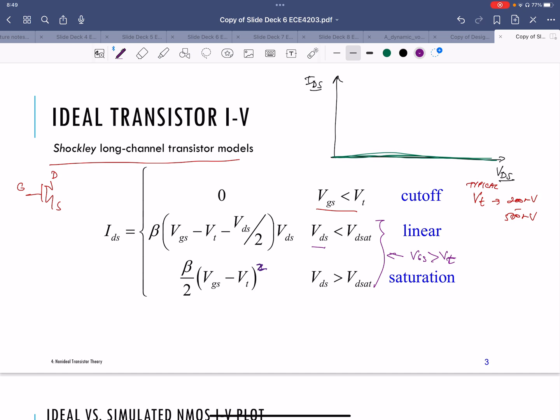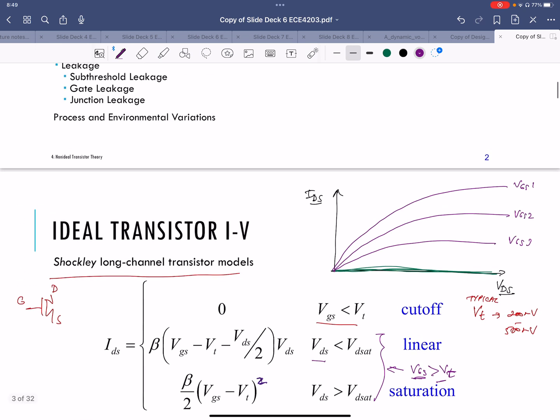Depending on the value of VGS and VT, you'll have a series of curves that look like this: VGS 1, VGS 2, VGS 3, where VGS 1 is greater than VGS 2, greater than VGS 3.